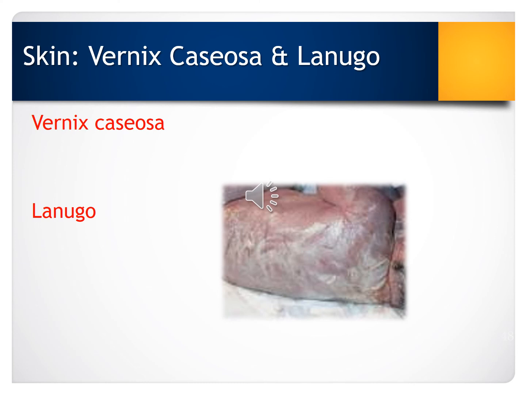Next, I want to bring your attention to two skin variations that are of importance: vernix and lanugo. Vernix is a cheesy appearing substance covering the body, and vernix protects the newborn skin in utero from amniotic fluid because it can be acidic or dry out the sensitive fetal skin.